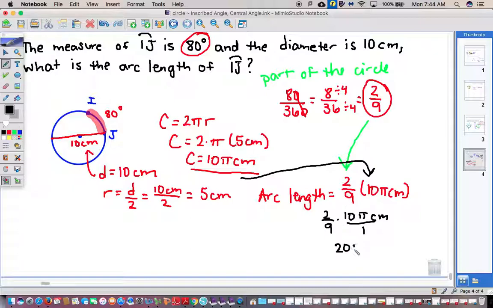And this would be my exact answer. If the question's asking you to leave it in terms of pi, just leave it just like this. Now, because we're looking for an arc length, a length is a distance, so you need to include your units. Your units are going to be measures of length, so centimeters, meters, miles, feet, kilometers, anything that's a unit of length measurement. Okay.